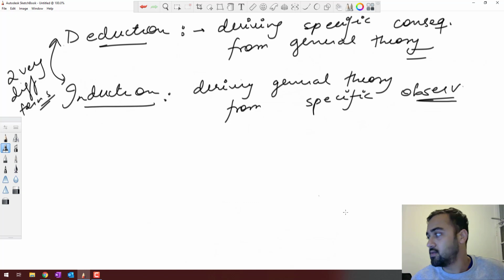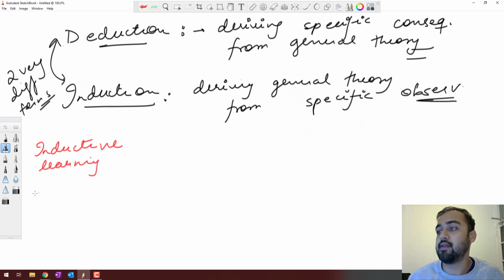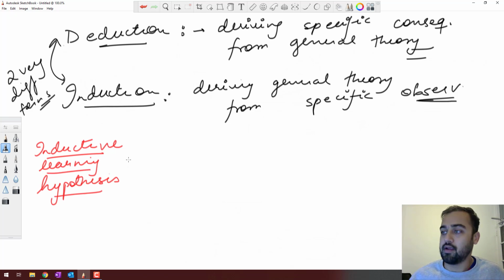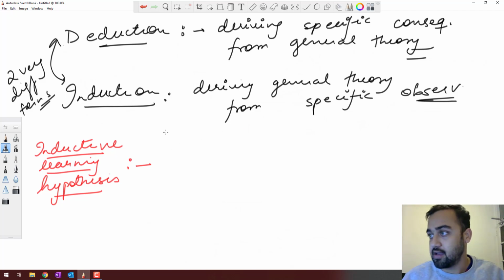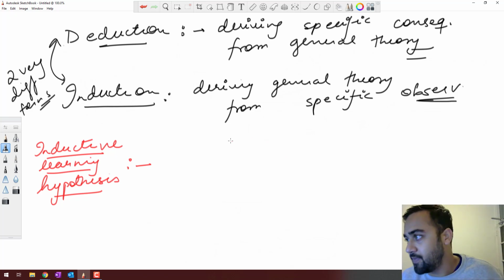So now that brings us to the inductive learning hypothesis. The inductive learning hypothesis is any hypothesis found to approximate the target function or the true function well over a specific large set of training data will also be able to approximate the target function over other unobserved data, right?